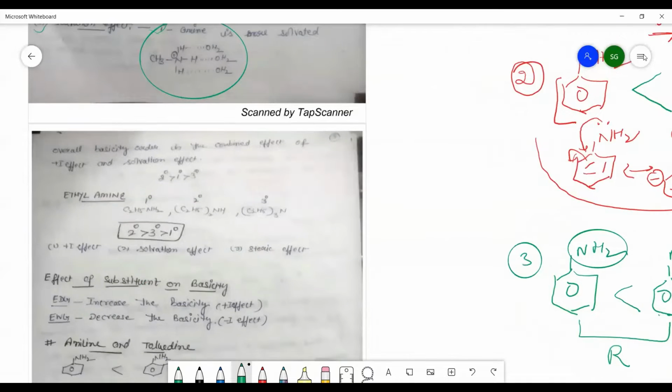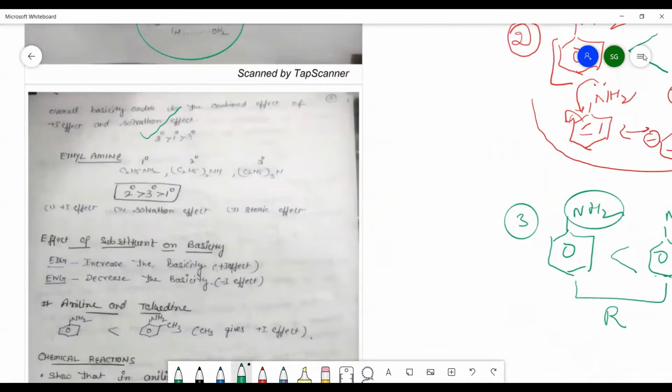According to the plus I effect, you know well, tertiary amines are more basic than secondary, than primary. But when the solvation effect also enters, the primary amine will be more solvated, meaning more and more H2O molecules will surround the nitrogen atom. So the combined effect of the plus I effect and the solvation effect gives rise to the basic nature in this order: secondary, primary and tertiary.